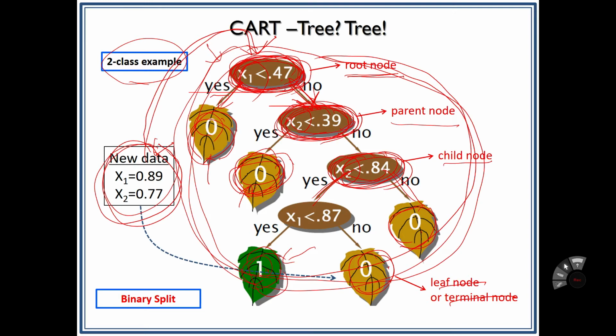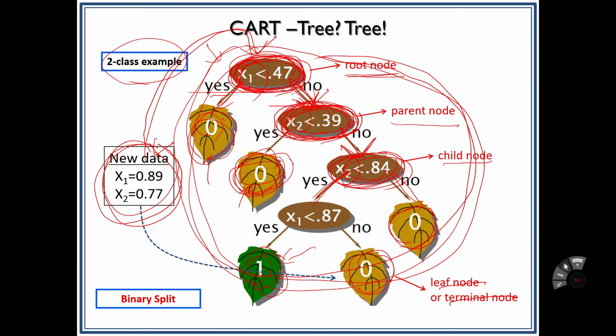Because the answer is no, we go to this part, and then we meet another rule here. This node is asking whether or not x2 is less than 0.39. Is it true? No, it's not true. So we go to this direction, and again, is x2 less than 0.84?